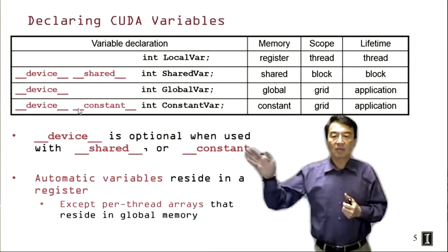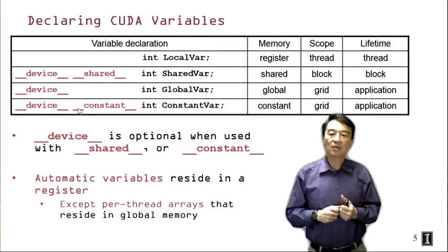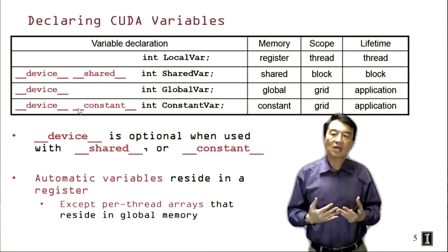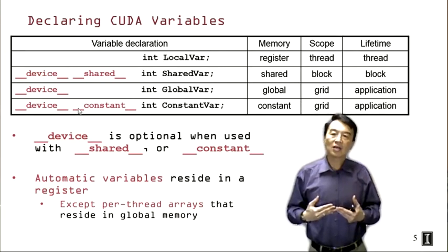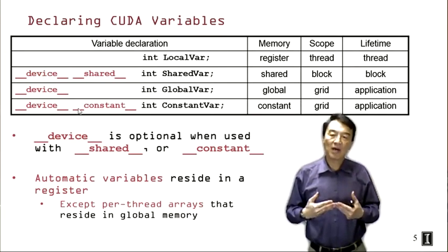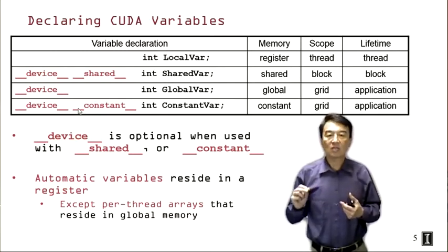Now, we also have a constant memory that we have not really discussed. And the reason is we're actually going to come back to the constant memory variables later on in one of the computational pattern lectures, where we're going to show in detail how you can use the constant memory.